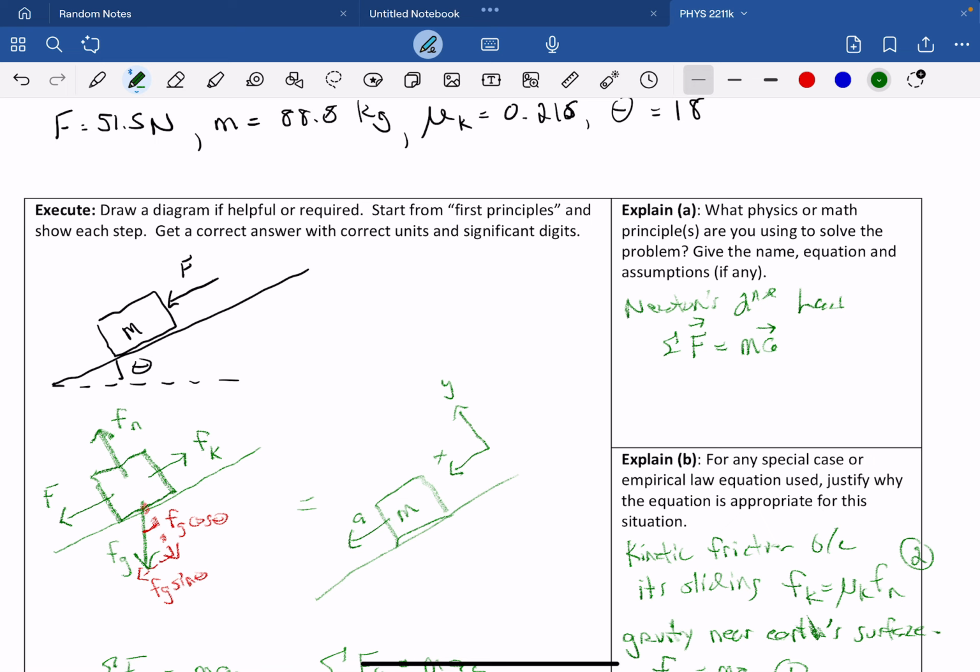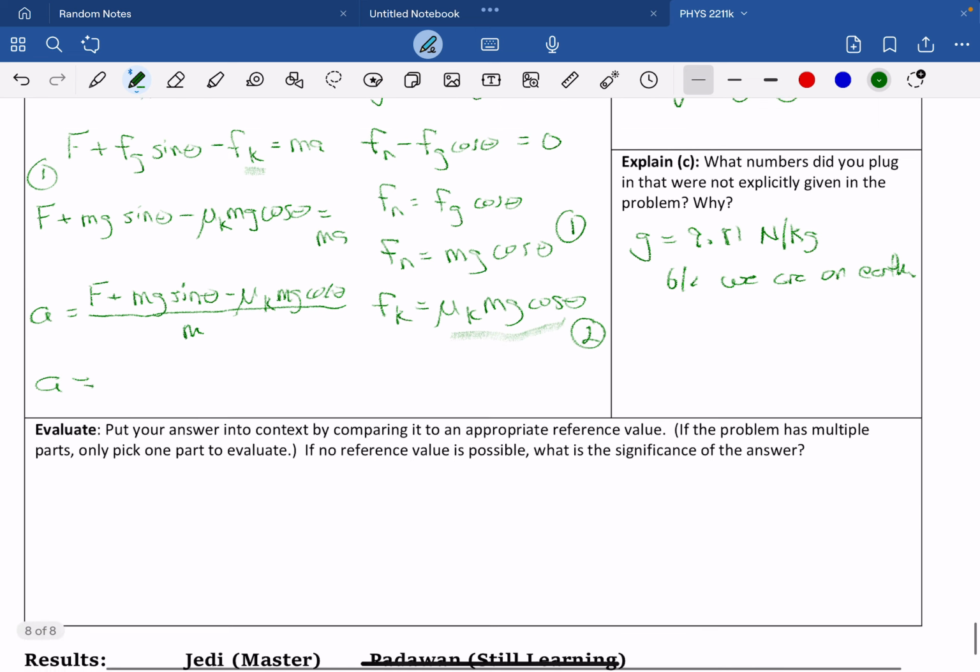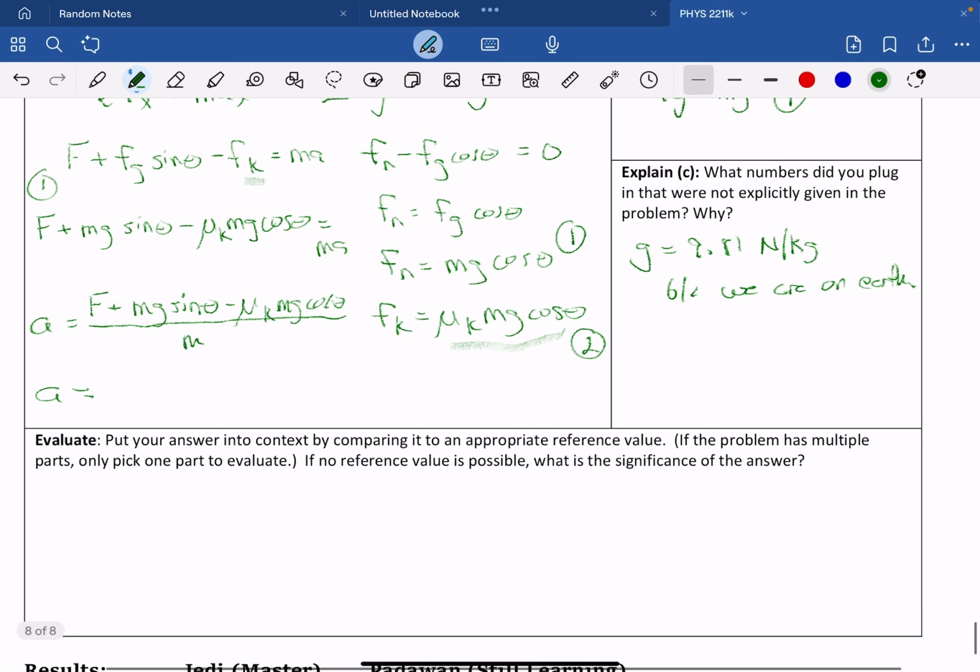And that got me 141.658, but I still need to divide by the mass, 88.8, and I get 1.595, or 1.60 meters per second squared.